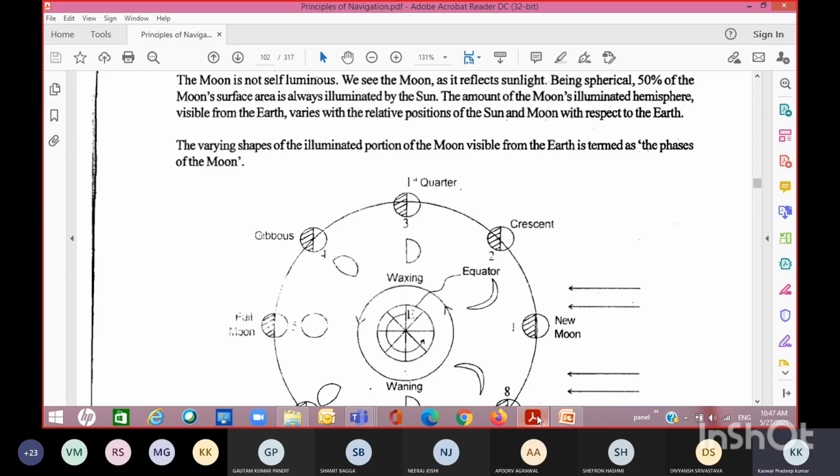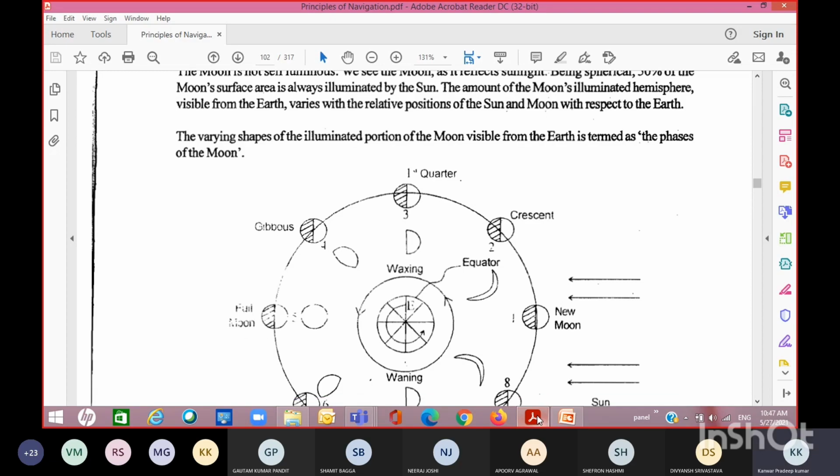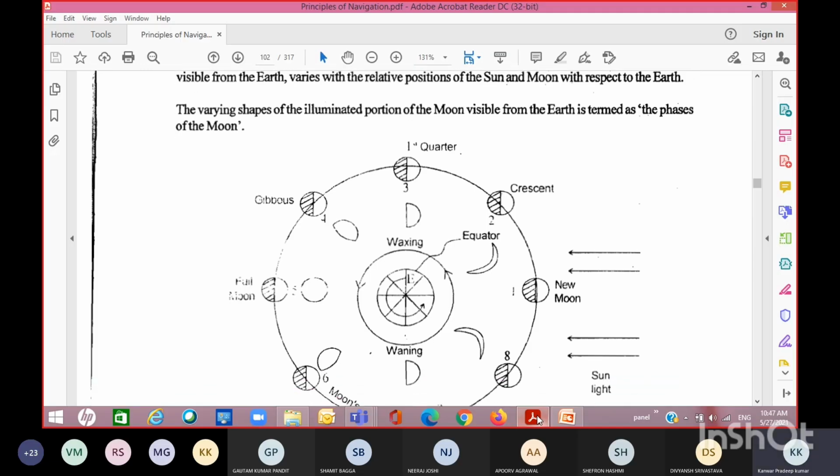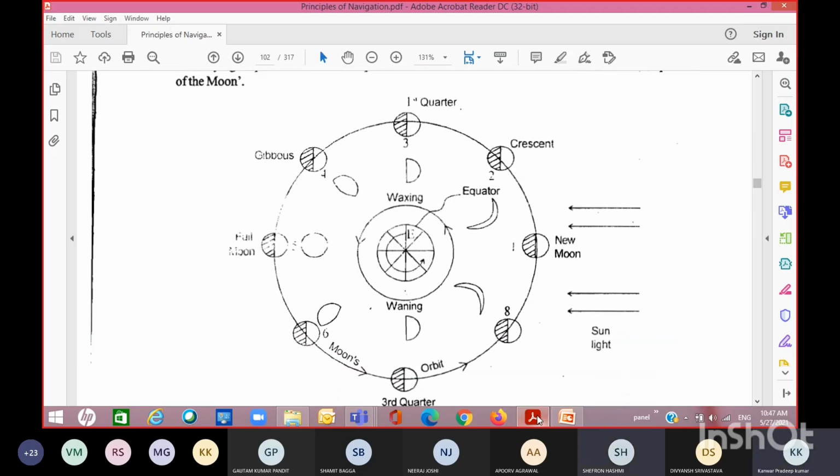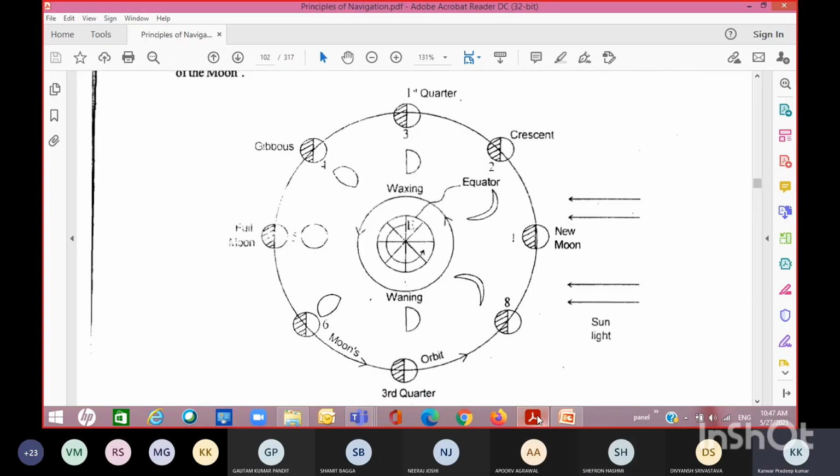Gentlemen, does it happen suddenly overnight, in between nothing, or does it happen slowly? Slowly, sir. Yeah, it is not like that. No, today is new moon and tomorrow is full moon. Suddenly in between we don't say.